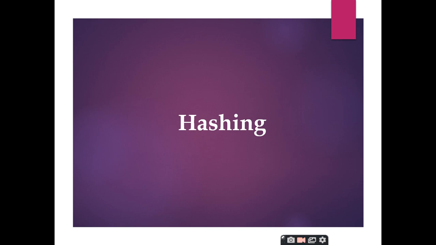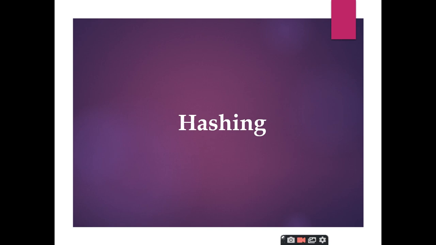We'll start the hashing concept with the actual definition of hashing, and then we'll see why hashing is required in the data structures concept, and then the requirements of good hash functions. We'll see the various types of hash functions we have.